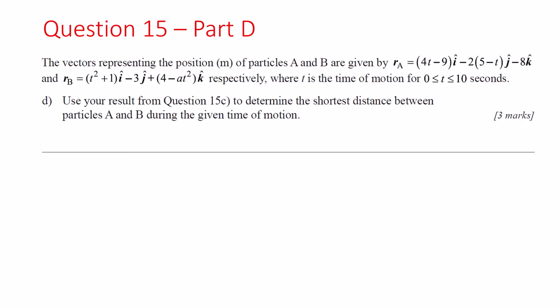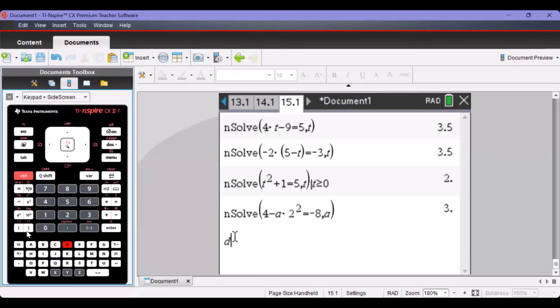In part D, we're asked to use part C to determine the shortest or minimum distance between the two particles during the given time of motion. So what we'll do is we will say, well, okay, let vector RB minus vector RA be d of t. So d, open bracket, t, and we'll assign that.